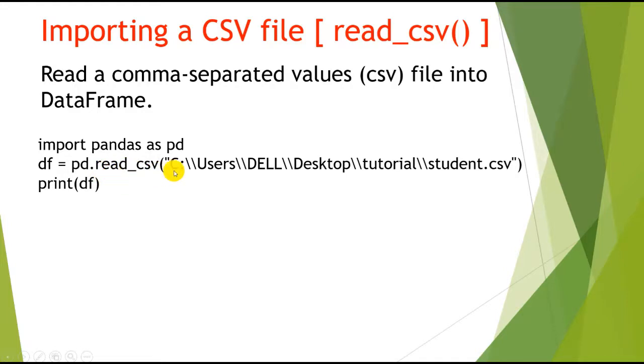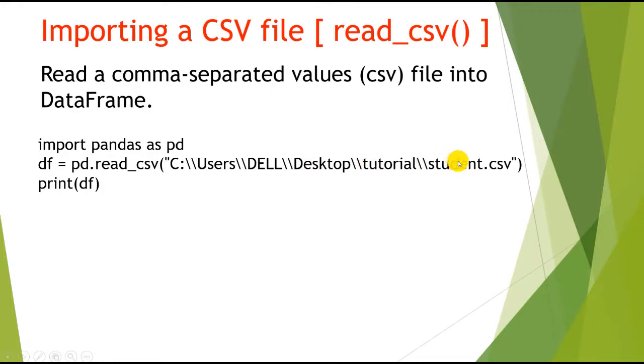I need to mention the full path where my file resides. So in this system, I am having this student.csv file which is stored in C drives, users folders, Dell subfolders, desktop, tutorial subfolder.